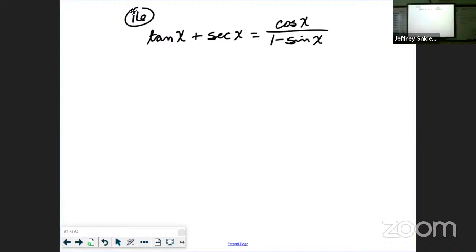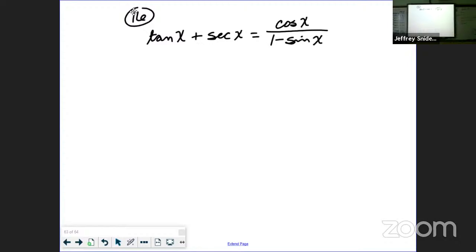Isn't this a perfect square? Right? Multiply that to that. No, the bottom. Isn't that a perfect square one? You can split it up into two: 1 plus sine x and 1 minus sine x, right?